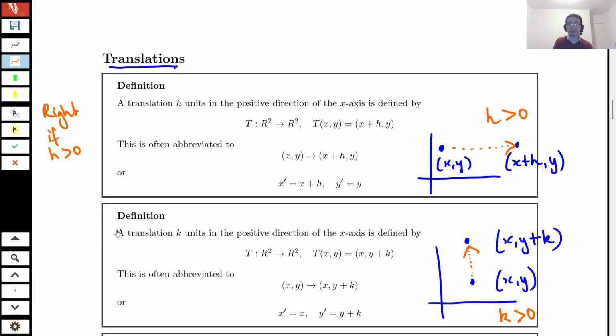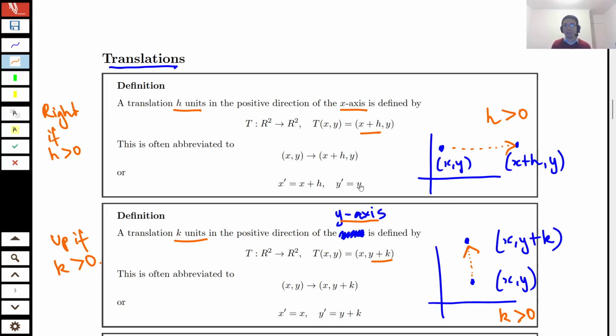And if k is positive, this should say y-axis. Please make that change, everybody. Positive direction of the y-axis. And if I change y to y plus k, it's upwards if k is positive.